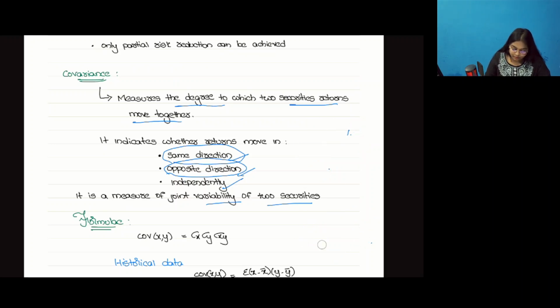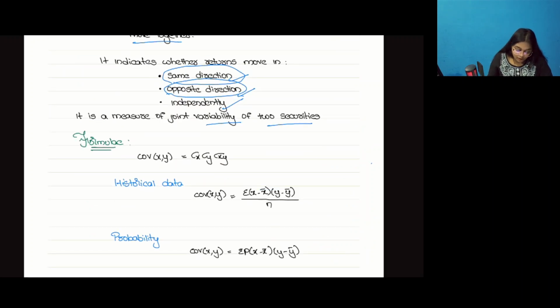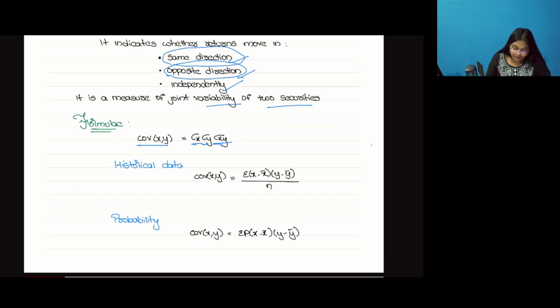Next, what is the formula? Covariance of X and Y, sigma XY, or if past data is given, summation of X minus X bar into Y minus Y bar by N. If probability, future data is given, then covariance of XY equals summation of probability into X minus X bar into Y minus Y bar.